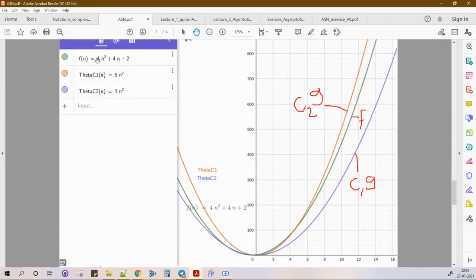So if I take F equal to 4n square plus 4n plus 2, and if I take C1 equal to 3 and C2 equal to 5. Now what happened is, this C2 multiplied by G is an upper bound to F, and C1 multiplied by G is a lower bound to F. That means the time taken by your algorithm is always less than C2 multiplied by G and always greater than C1 multiplied by G. That means we have a tight bound to our function. The time the algorithm will take, right? So it is called theta.